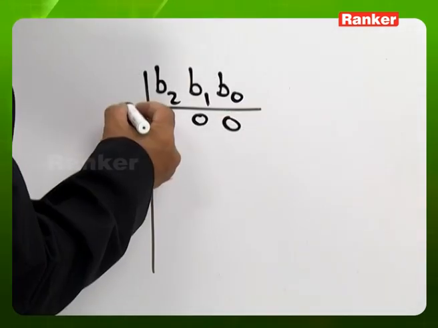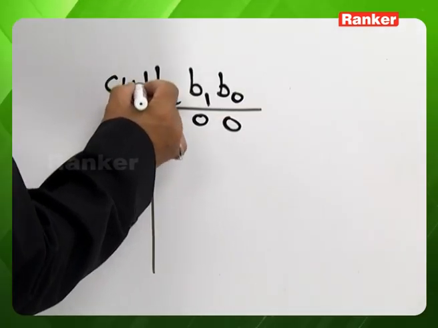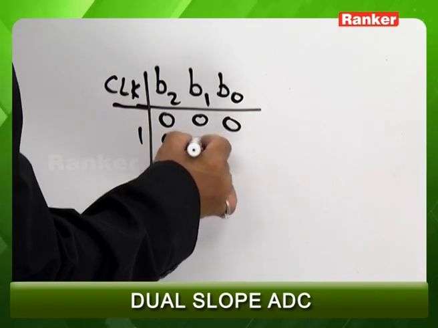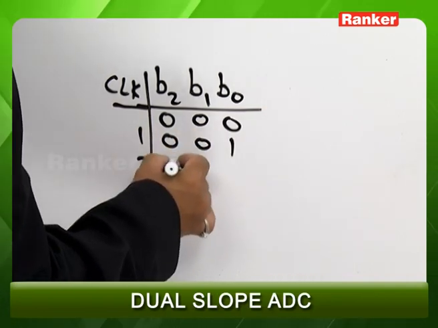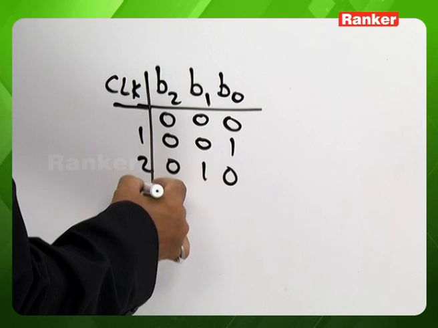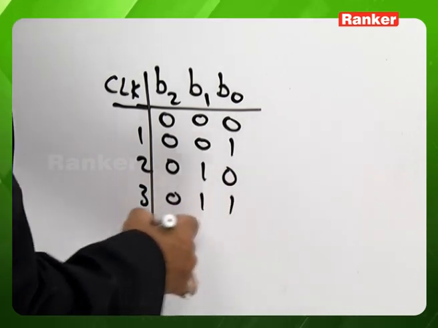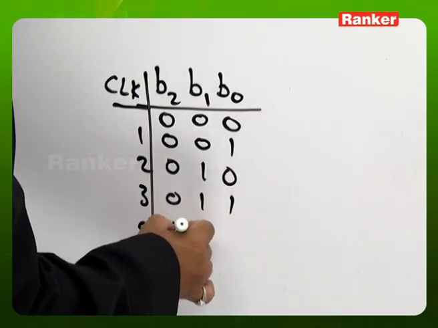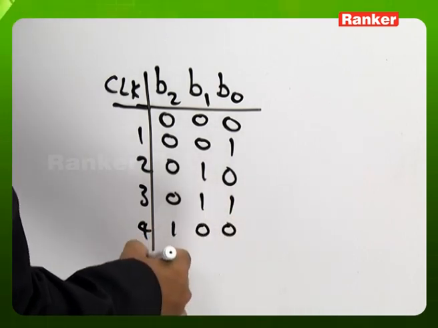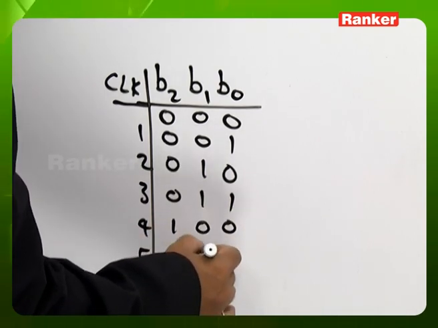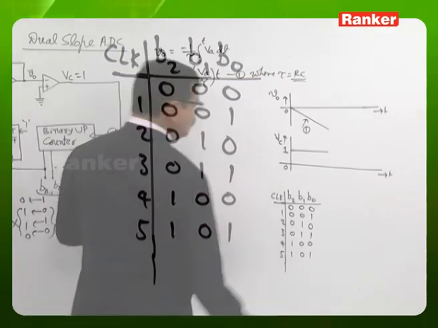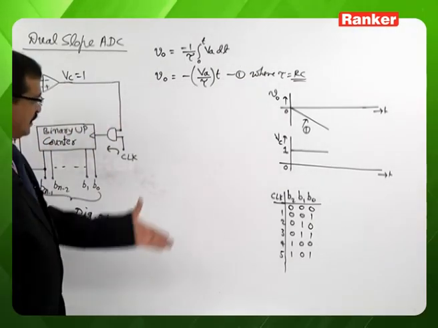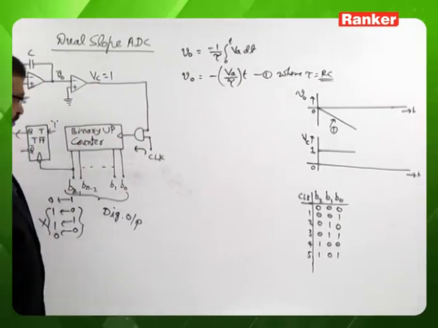Once the clock is entering, the counter value will be incremented by 1 for every clock pulse. Suppose we are looking at a 3-bit case, it is going to get clock pulses like this, so that the counter values go on getting incremented.